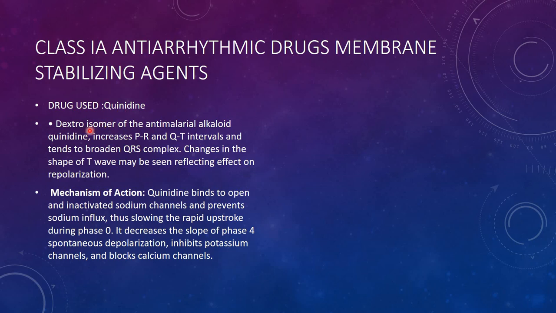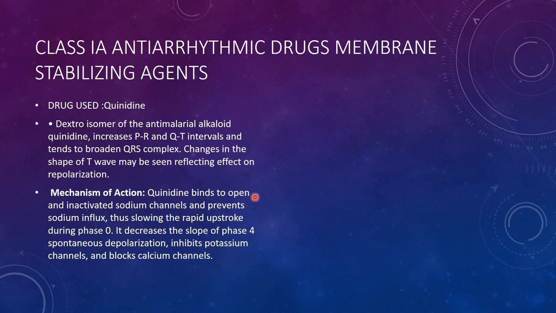It is a dextroisomer of the anti-malarial alkaloid quinine that increases the PR and QT intervals and tends to broaden the QRS complex, and there is a change in the T wave. How is the mechanism of action?